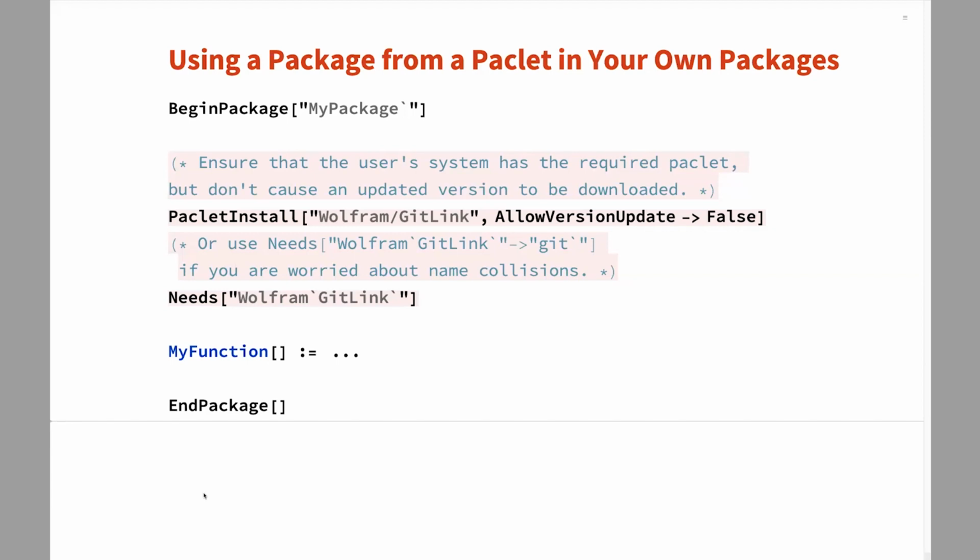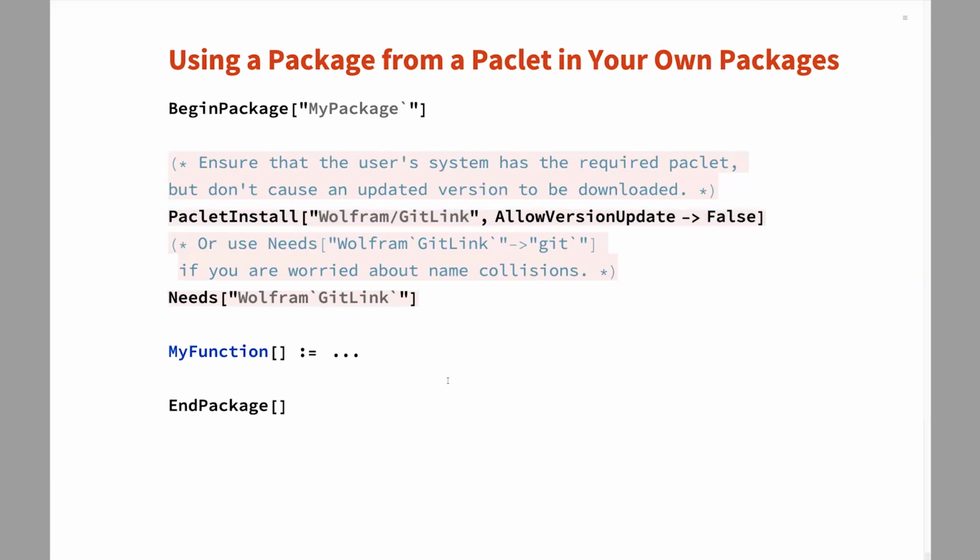So if you use allow version update false in Packlet install, that will get the Packlet if the user doesn't have it, but if they have any version of it, it will just use that version. So I think that people should get used to putting code like this in their packages. If you need to call Packlet install, use allow version update false so you don't cause a side effect on your user systems.